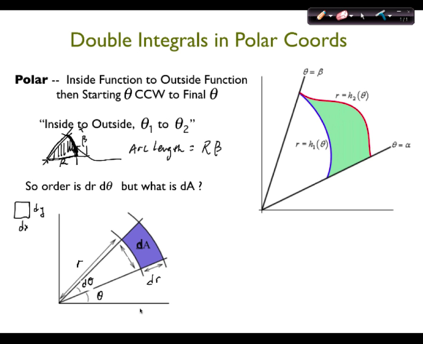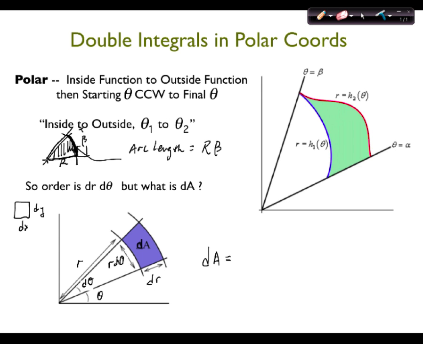So last but not least, what is that right there then? This is why we set up this initial little fact. It is not just d theta, because that length depends on how far away you are. So it's r times d theta, which means dA is not just dr d theta.